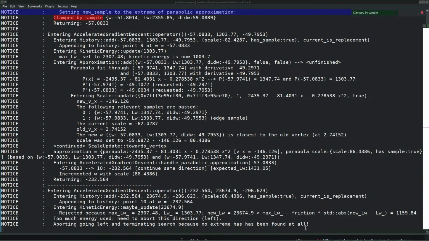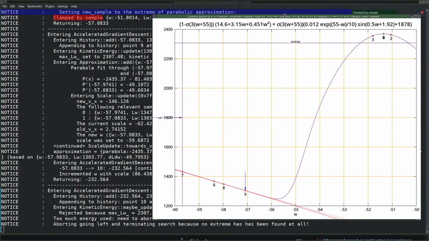No extreme has been found at all. Yeah, I beat my algorithm.